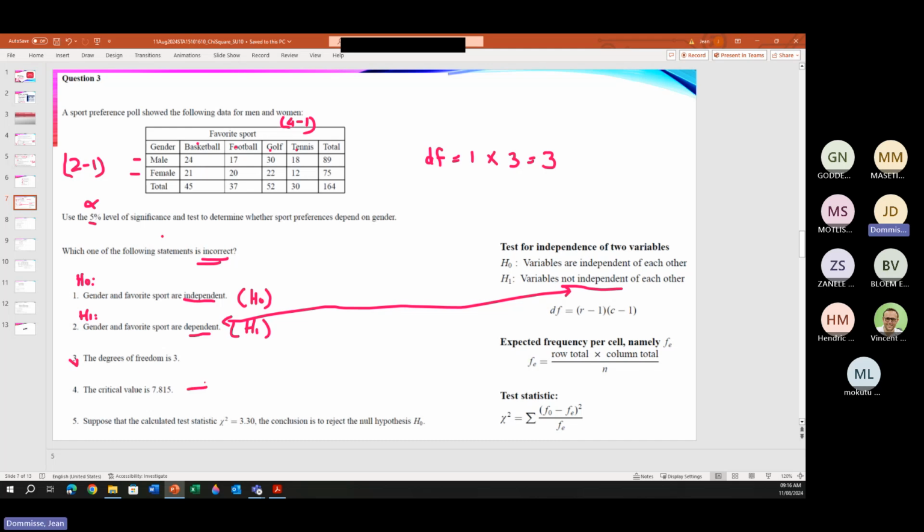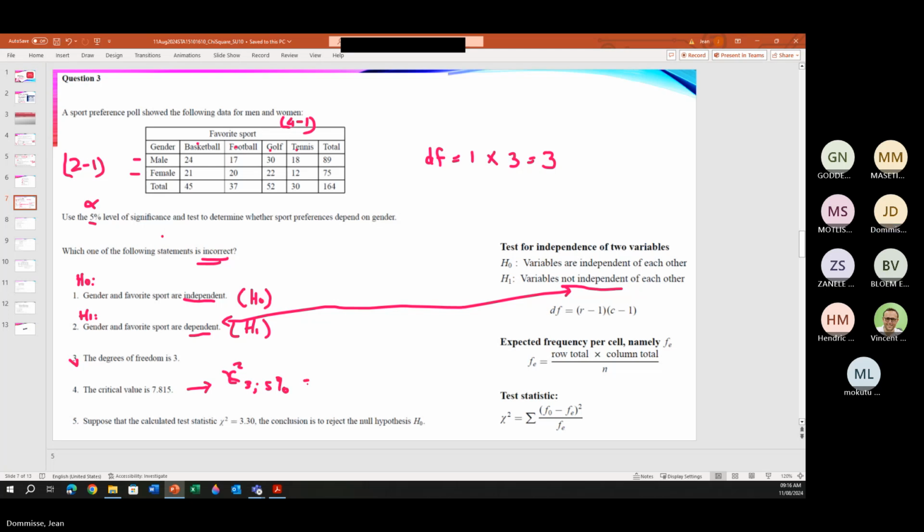Okay, we've done the degrees of freedom. So let's work out the critical value. For the critical value, we're going to look at the chi-square table. So let's say that is chi-square, where degrees of freedom is 3. And we know that alpha is 5%.